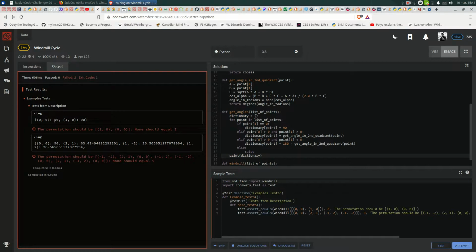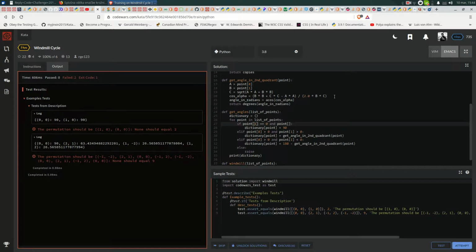0, 0 is 90. 0, 1 also 90. Oh, let's rewrite this.